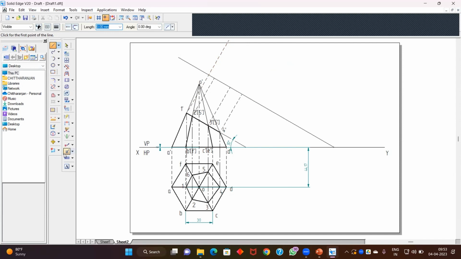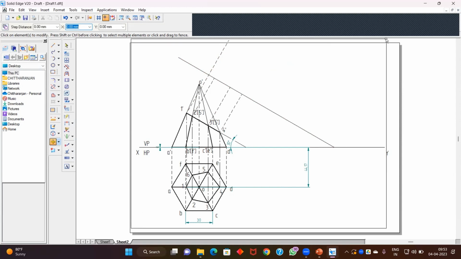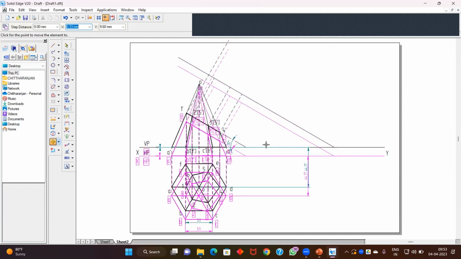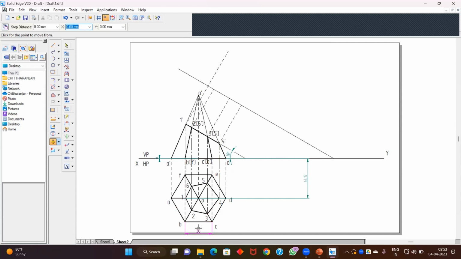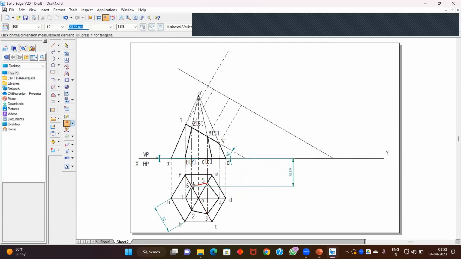It's going out, so move it. And again check the dimension between this axis and this point, from that point to this point. So we got the lines.